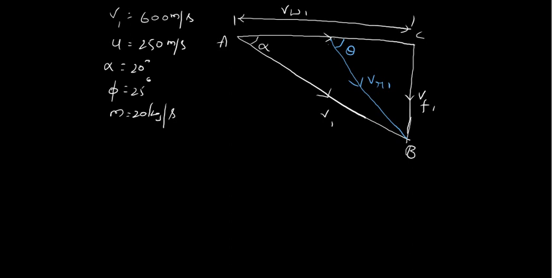And let these points be A, B, C, D. We'll mention this as D. Now, what is the value of AD here? It is U. Now, what is the value of DC? VW1 minus U. Right? Now, this is the inlet velocity triangle.